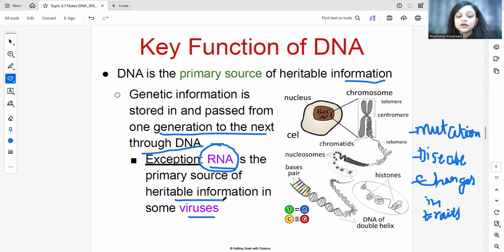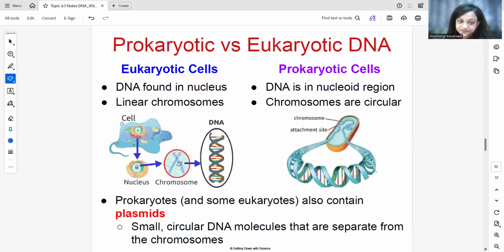It will be DNA. But for viruses, mostly it is RNA. That is the exception. Generally, DNA is the primary source, but in viruses, RNA is the primary source. I hope you get it.